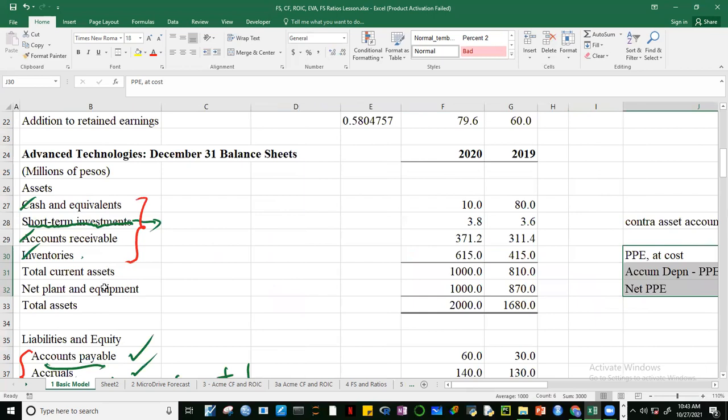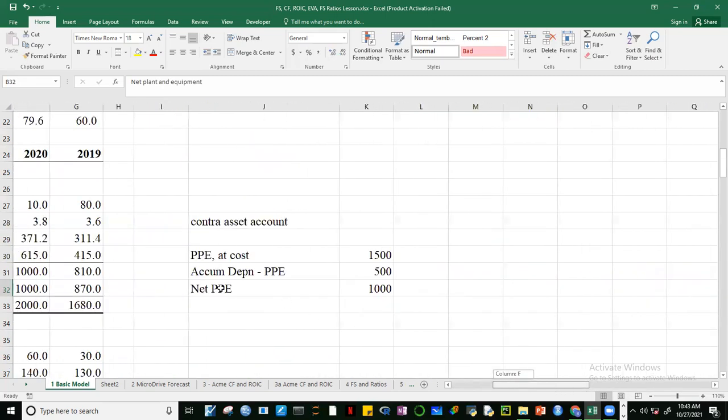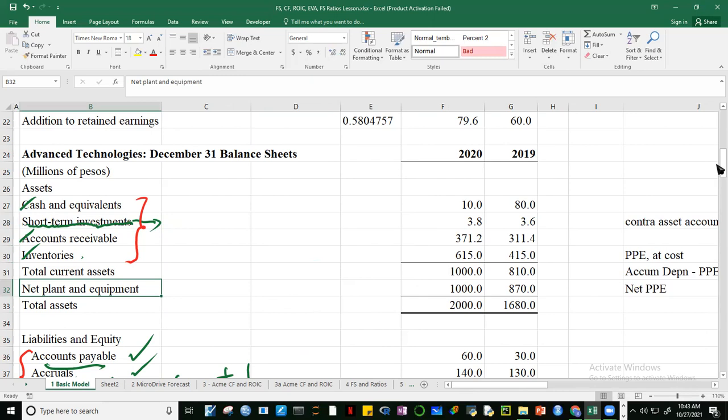So usually you just have either these three, or just this one, net PPE. Then there should be a note that defines what the PPE are and their corresponding accumulated depreciation, and then the total. Okay, so where were we?